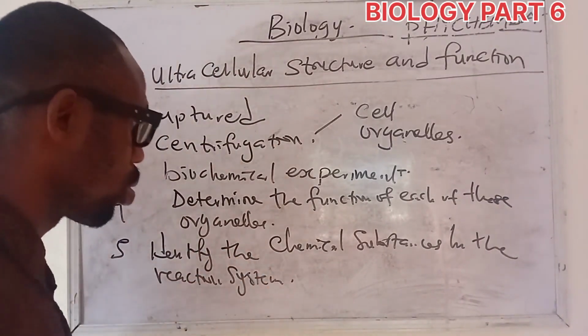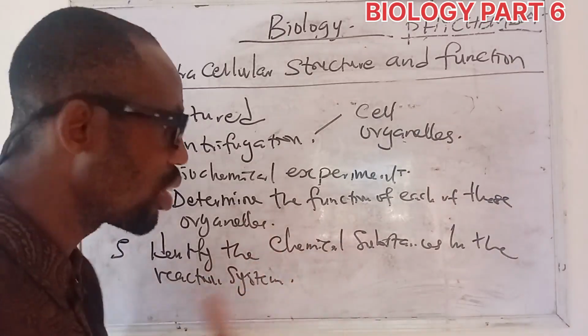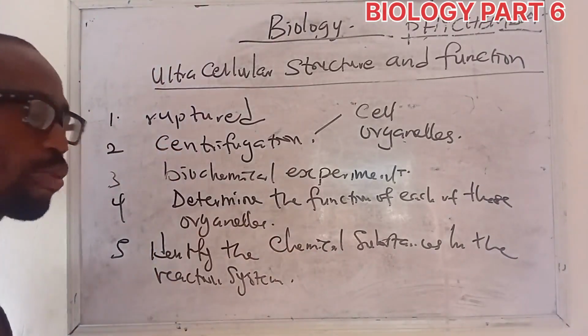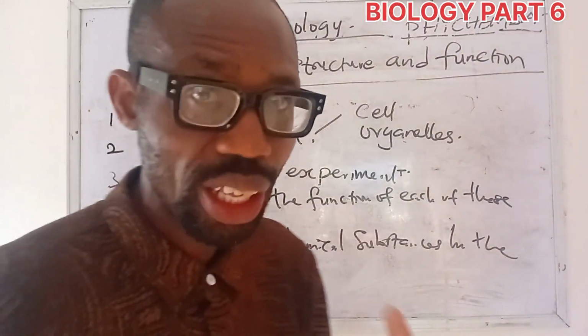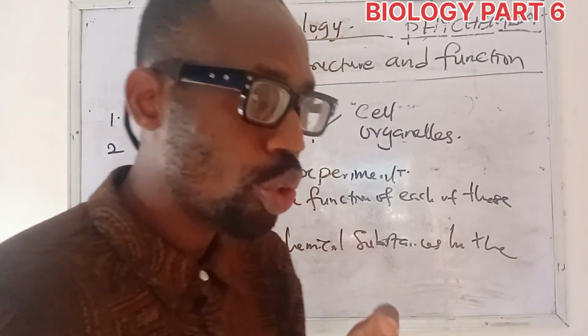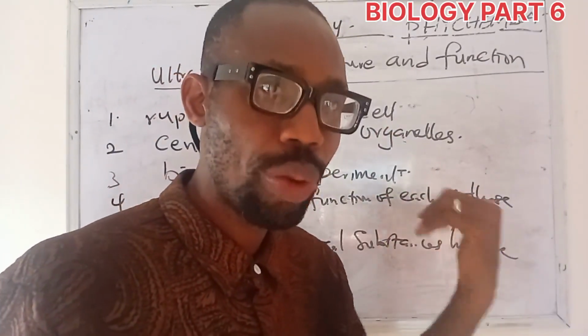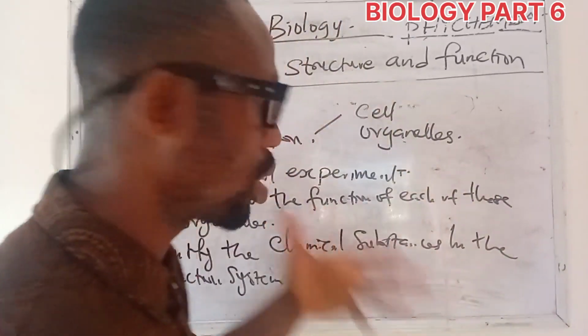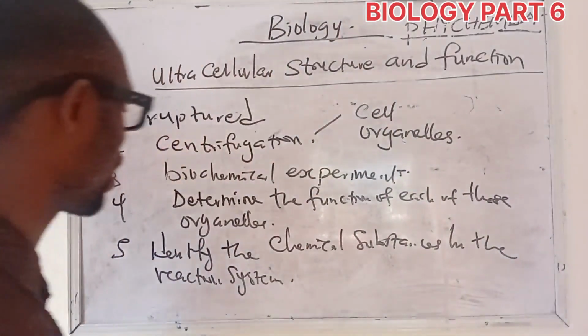For you to know what kind of chemical is released and the reaction that is taking place, chromatography will be used. Chromatography is one of the separation techniques in chemistry used in the separation of colors. So go watch my chemistry part 1, part 2, part 3, part 4, part 5, part 6. It's still talking about separation techniques.